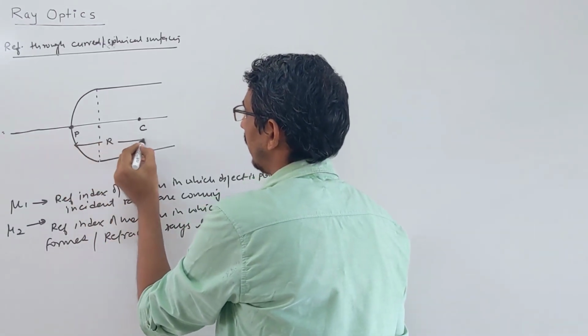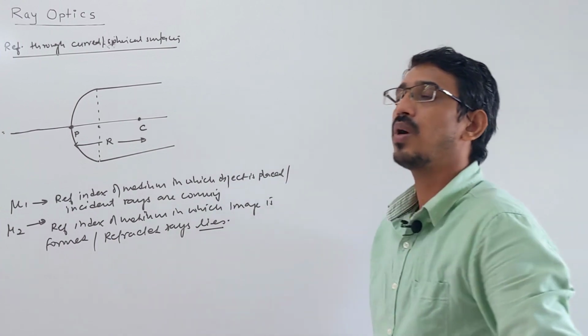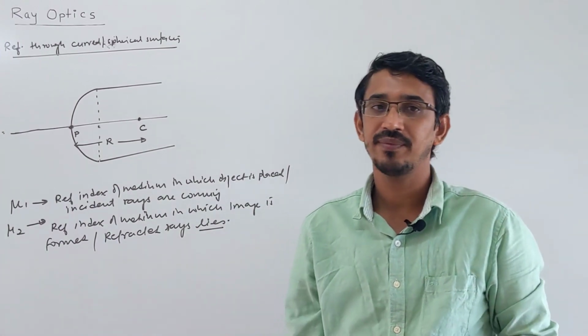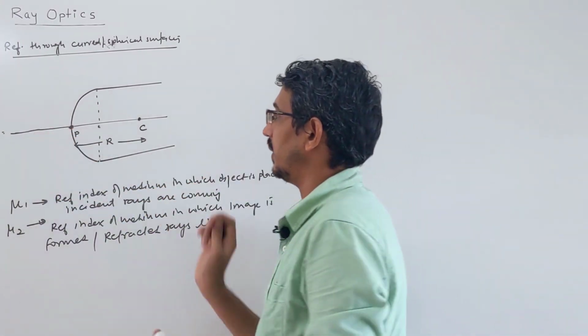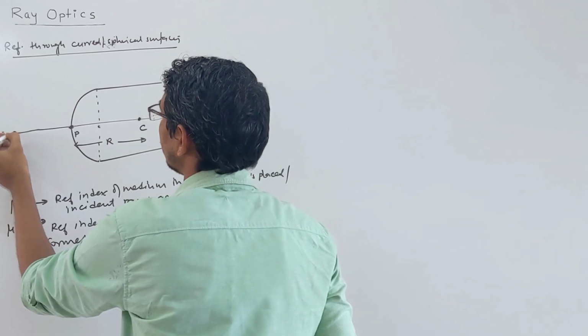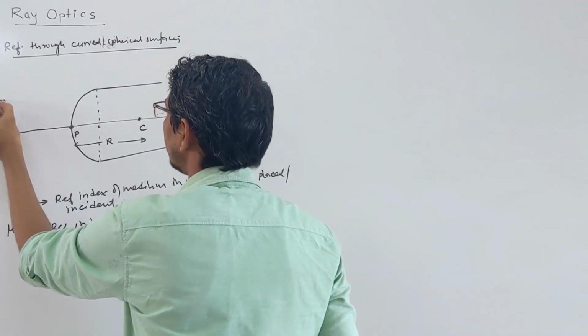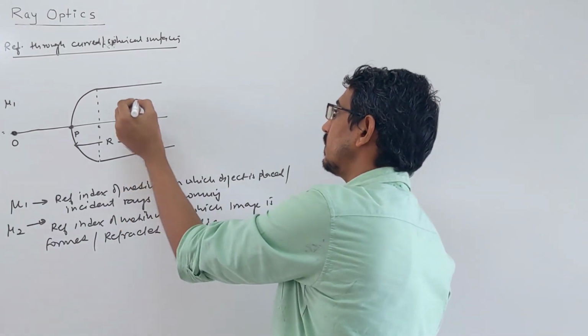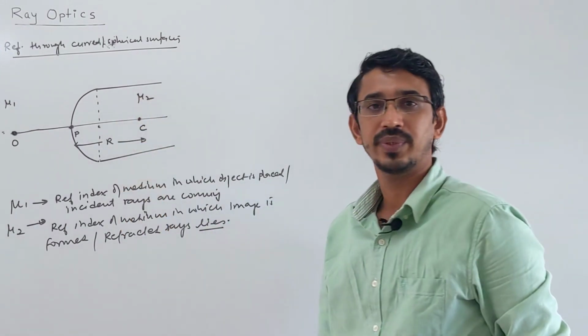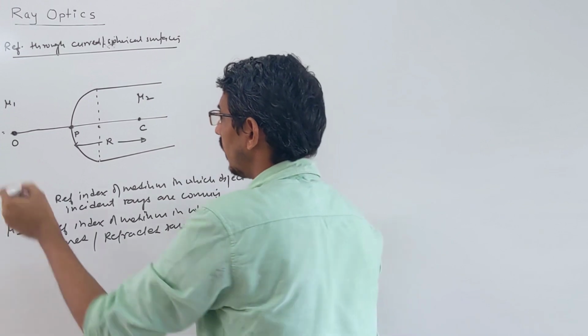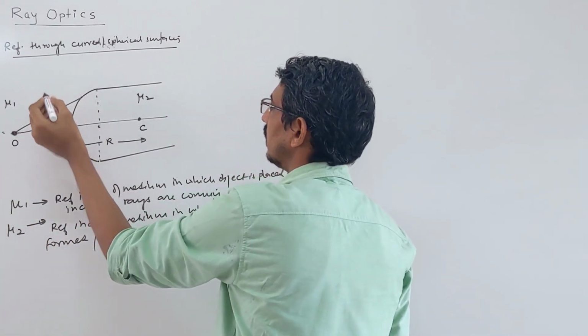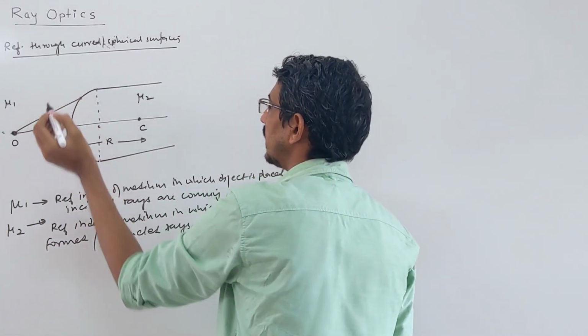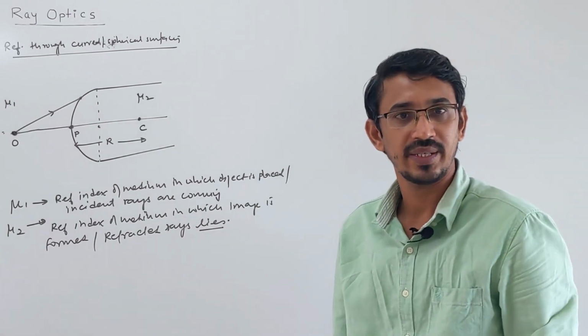Then you put your object somewhere, either in this medium or that medium. Suppose I put the object here. Then this medium will have refractive index mu1, and this will have mu2. Light will come from this object to the surface and get refracted.